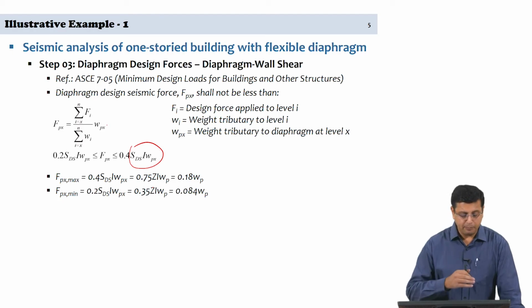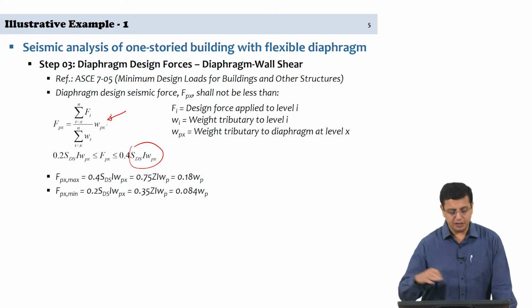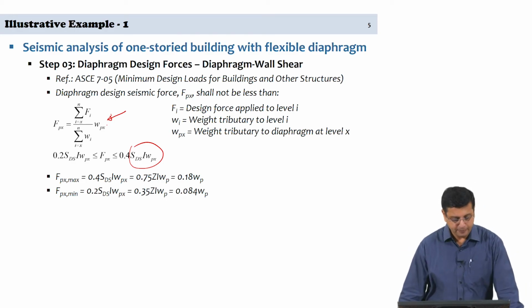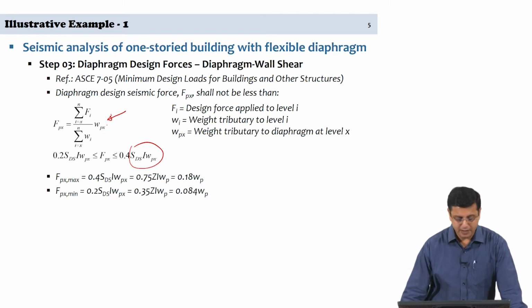case, and compare it to the value Fpx that is estimated based on the design shear force at a level and the weight tributary to level i multiplied with the weight tributary to the diaphragm at the level where the diaphragm forces are being calculated.